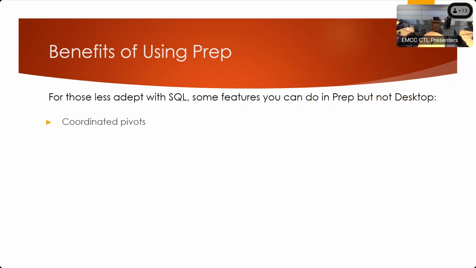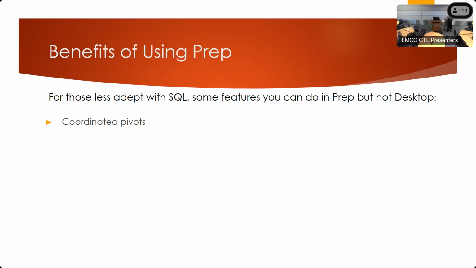I'm not going to spend a huge amount of time on the slide, but it's good to note. You might want to look at it at your leisure. For those of you who are not absolute deities when it comes to SQL, there's a ton you can do. One of my favorites is pivoting. I get data sets where every field is in a separate column, like the Department of Ed data from Arizona.